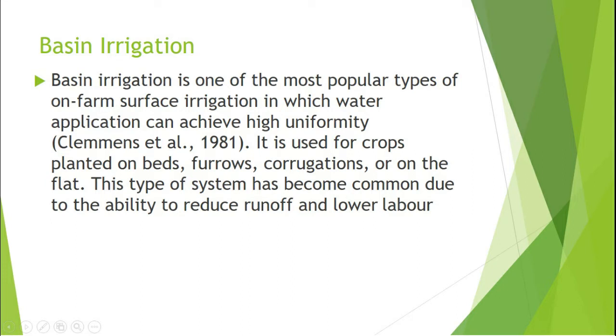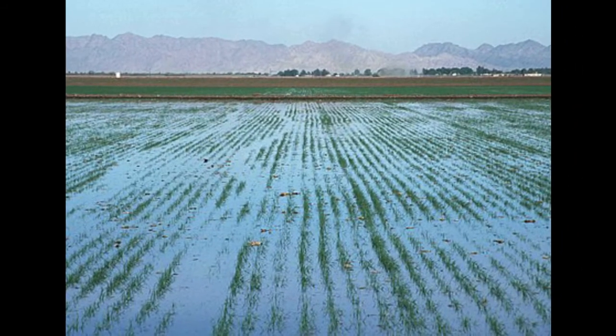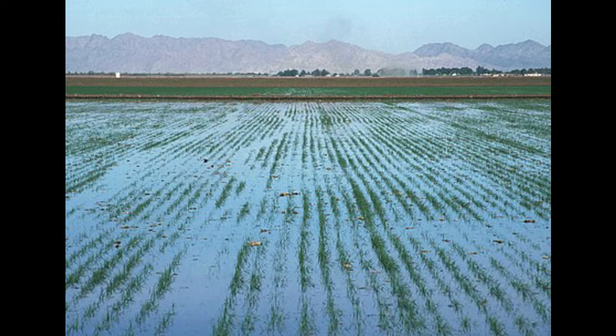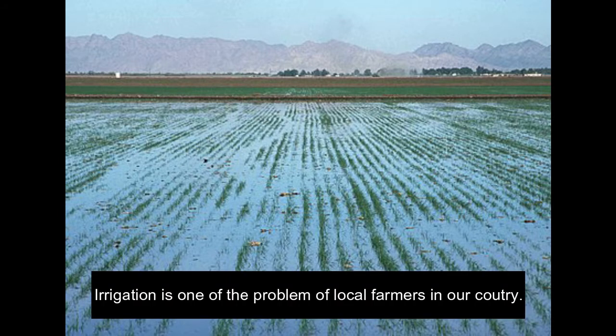These types of systems have become common due to the ability to reduce runoff and lower labor. So, as I've said, basin irrigation is one of the oldest irrigation systems that we are using until these days, because here in our country, irrigation is one of the biggest problems of our local farmers.